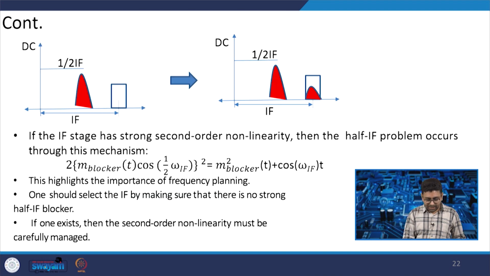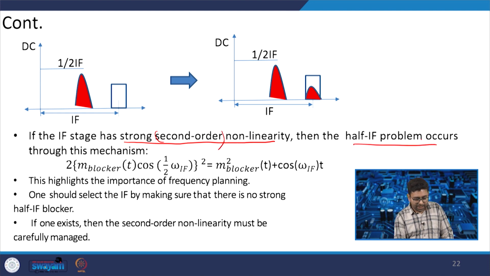Another problem is if the IF stage has a strong second order non-linearity. So, if there is a very high non-linearity in your system, and moreover there is a second order non-linearity, then the half IF problem occurs through the non-linearity mechanism, because this blocker cos half omega IF will be squared, and then you will have twice omega IF.